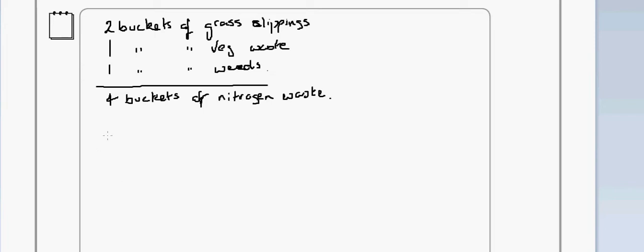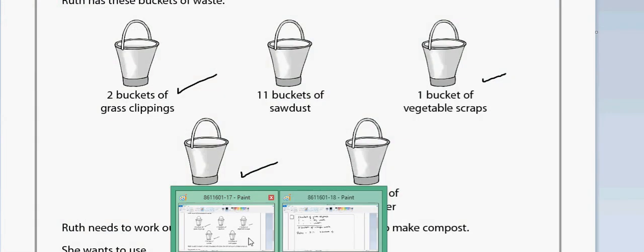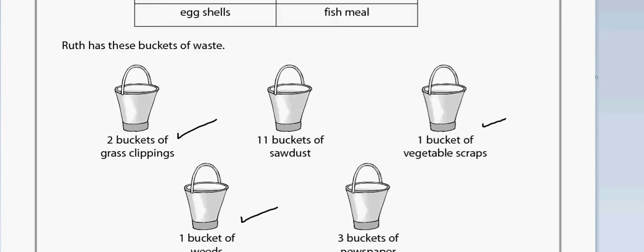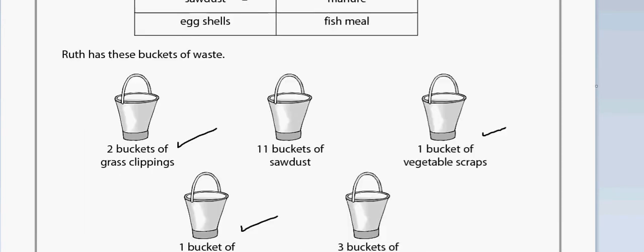Okay, now we know that the ratio is 3 to 1. So this would be 3 buckets of, told you I would dive backwards and forwards, brown carbon.